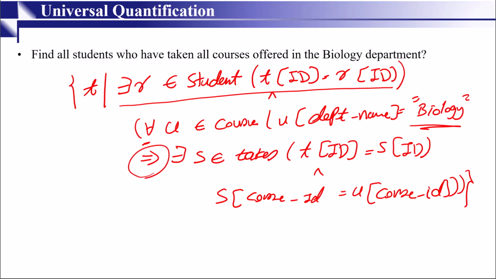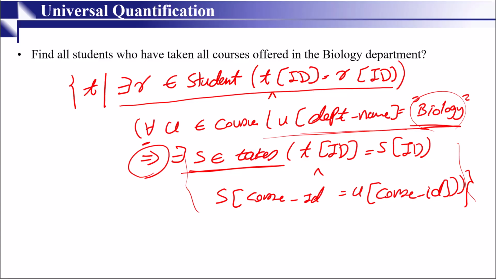Then we have this implication. It says if U.department name is equal to biology, then what follows must hold, for every biology course that we have here. And then we say there exists S in takes where T.ID is equal to S.ID and S.course ID is equal to U.course ID.